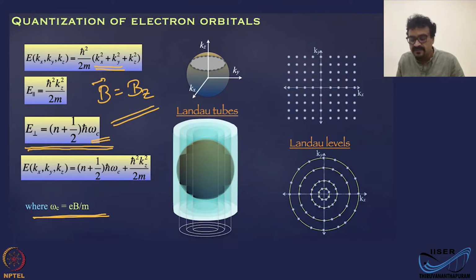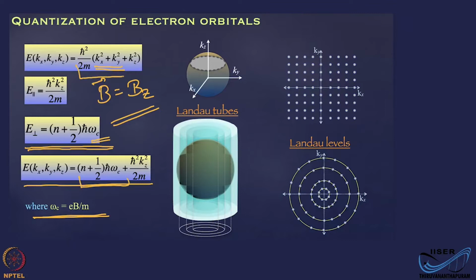Okay. So now the total energy you can write as E of kx, ky, kz, where the kx and ky part together you write as n plus 1 by 2 h bar omega c. And in the z direction, the motion is not affected. The dynamics is not affected. There you can write h bar square kz square by 2m.